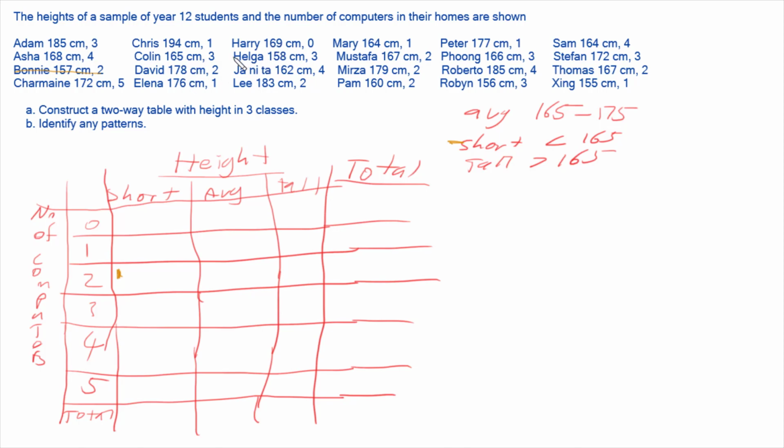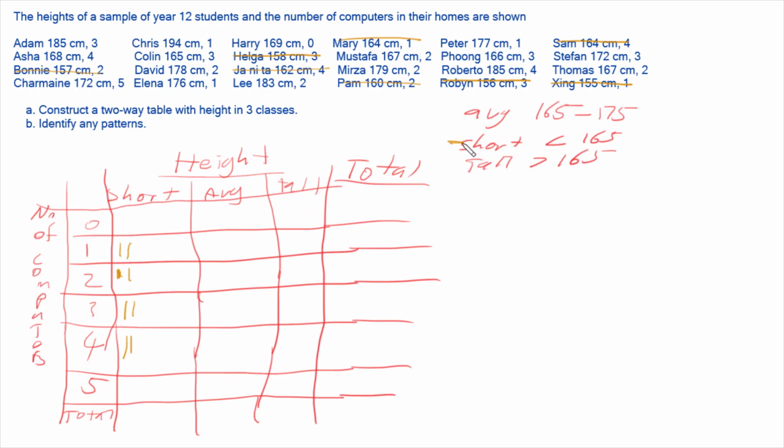I've got Helga, who's got 3. I've got Janita, who has 4. I've got Mary, who's got 1. I've got Pam, who's got 2. I've got Robin, who's got 3. I've got Sam, who's got 4. And I've got Zing, who's got 1.